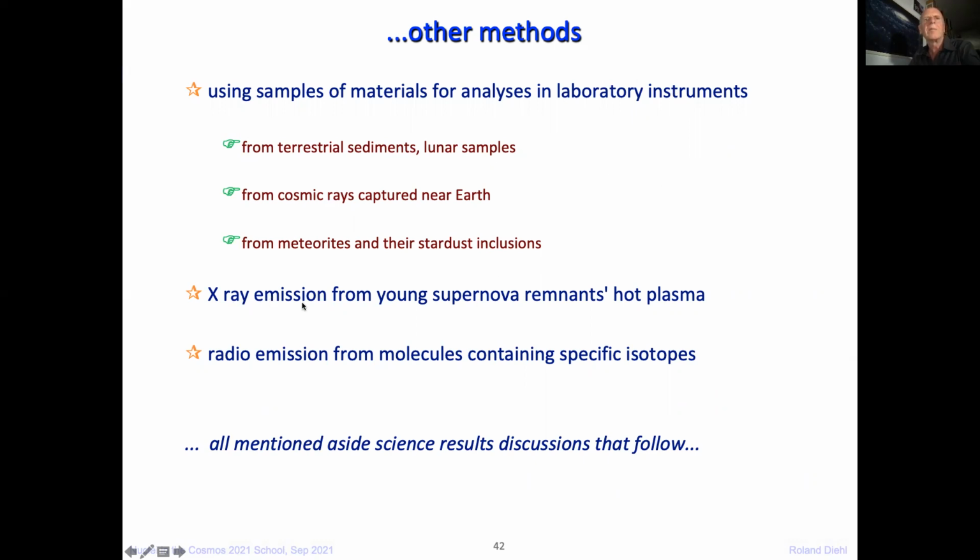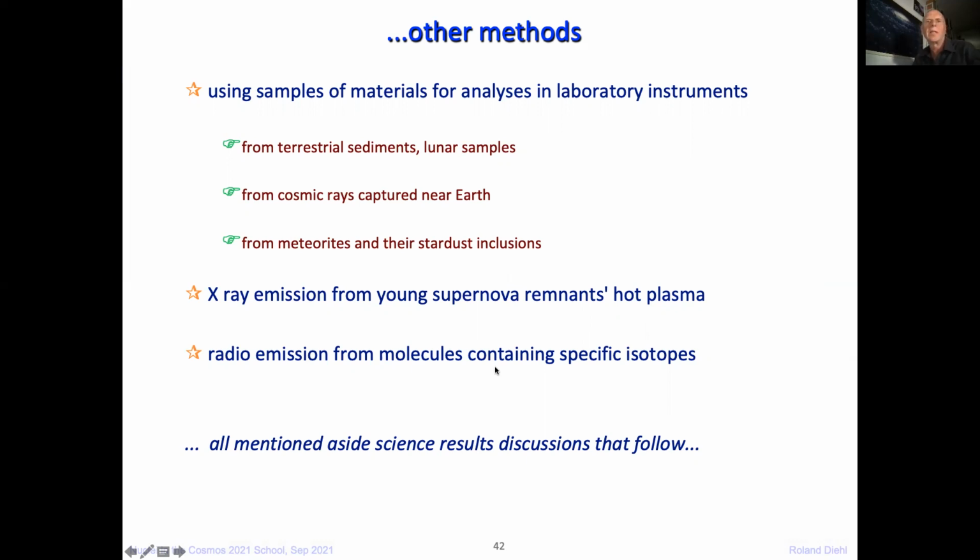Then X-ray emission from young supernova remnants shows hot plasma emission, and from hot plasma you get only X-rays, but hot plasma is related to nucleosynthesis sources, so we will also see examples of this being discussed. And finally, there's radio emission from molecules containing specific isotopes, and some of those contain even radioisotopes.